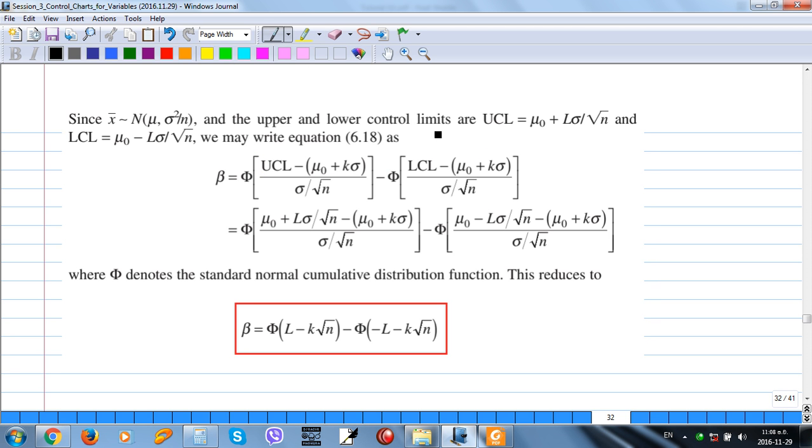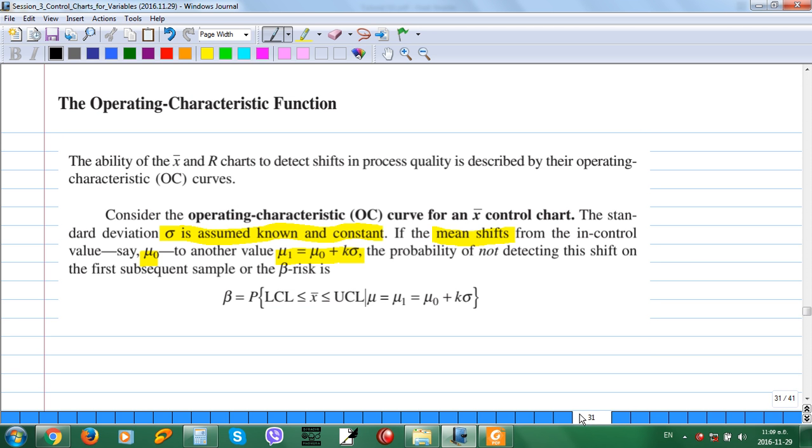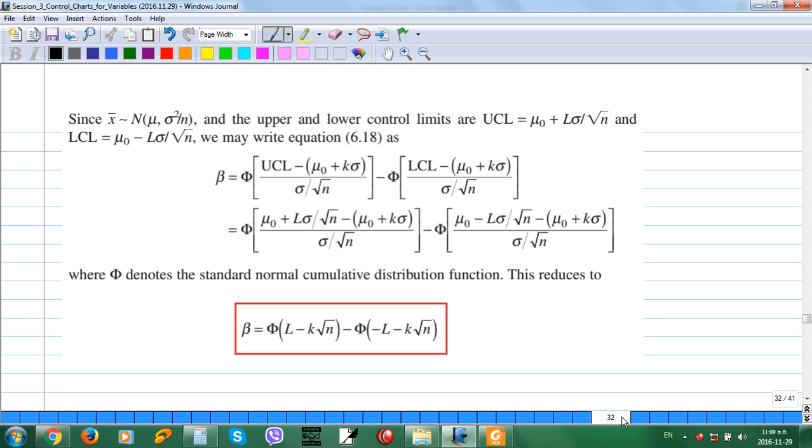Sometimes we need this for our calculations, that's why I need to explain it. The upper and lower control limits are UCL equals mu naught plus L sigma over root n, and LCL equals mu naught minus L sigma over root n, right?